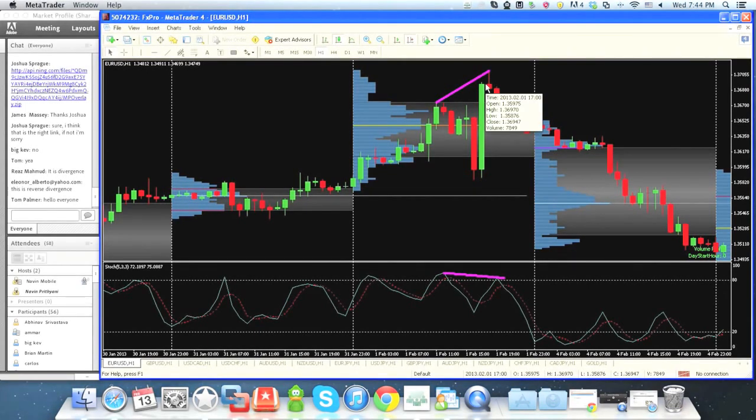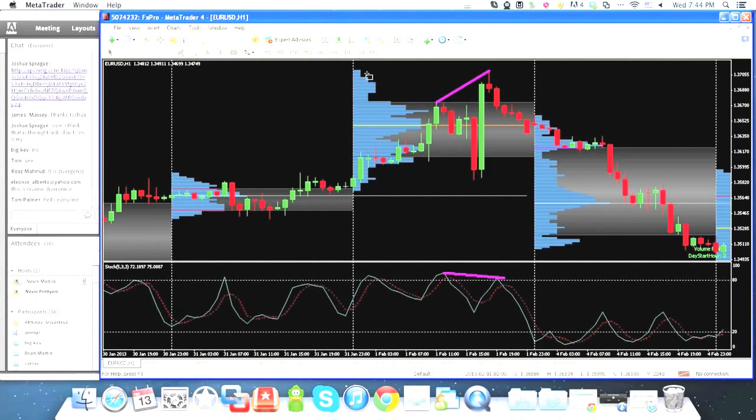Now, how can we use this to our advantage? First things first, we already see that the market is starting to build up a low over here. Now we have additional confirmation that we also have a divergence. We're just going to call this an opposite. We have an opposite thing happening from the price and your indicator, giving you a heads up that the market wants to turn.